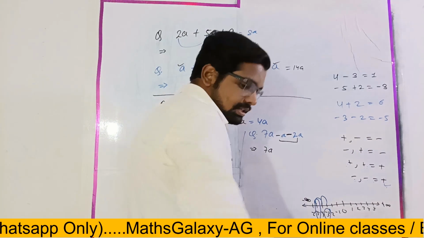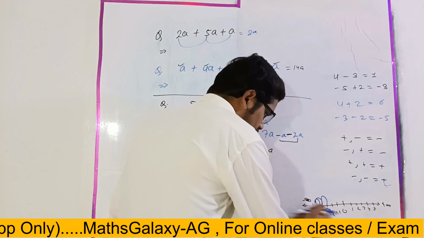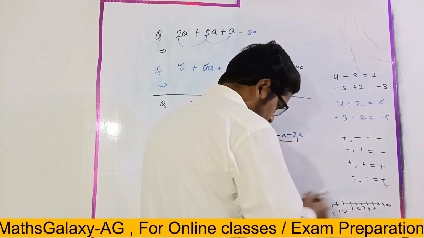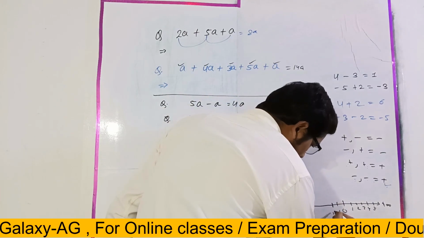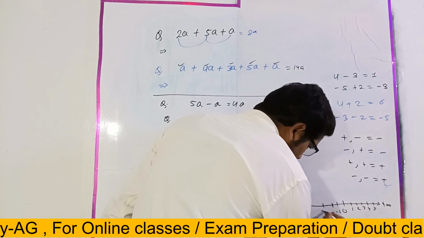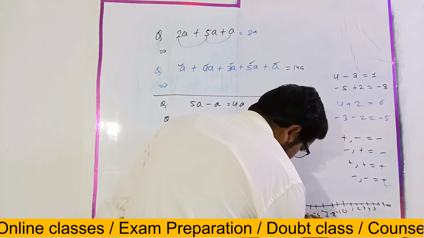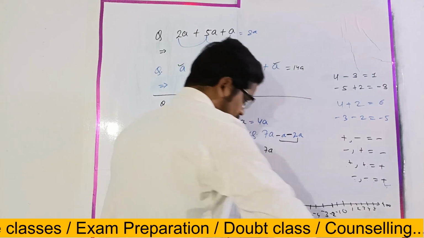You can also check it in the number line. It will be like this, see here: minus 2, minus 3, minus 4, minus 5, minus 6, continuing till minus infinity.